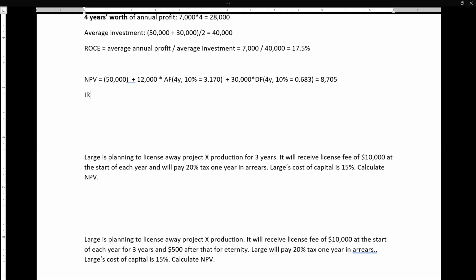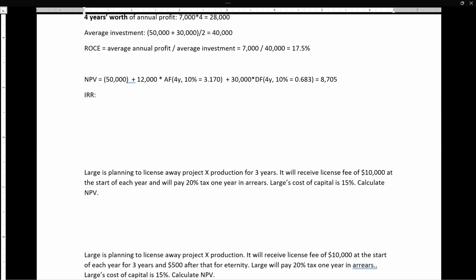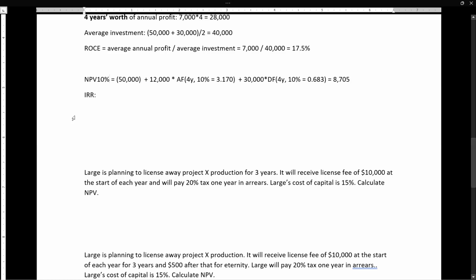Now, how do we calculate internal rate of return? That was also required. To calculate internal rate of return, we need to take two annual rates and we need to calculate NPV for them. We already have NPV for 10% calculated. Now, the question is, what will be the next NPV?